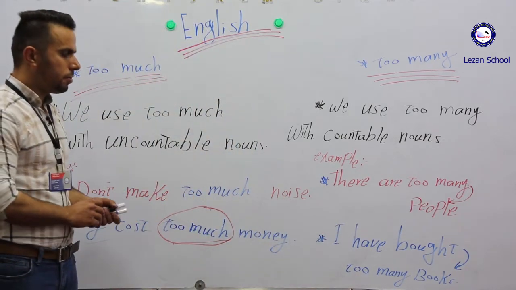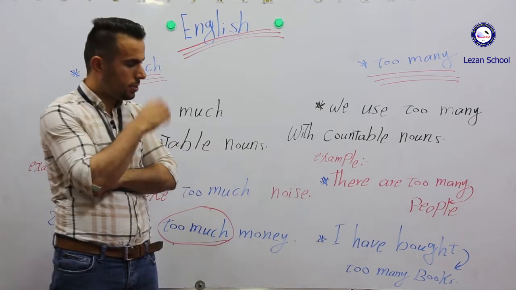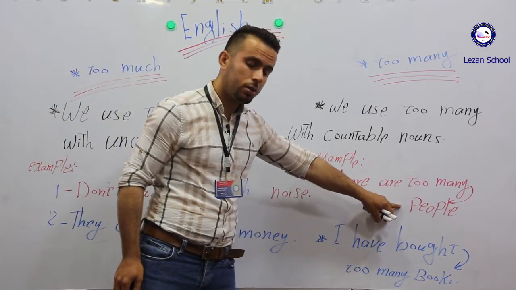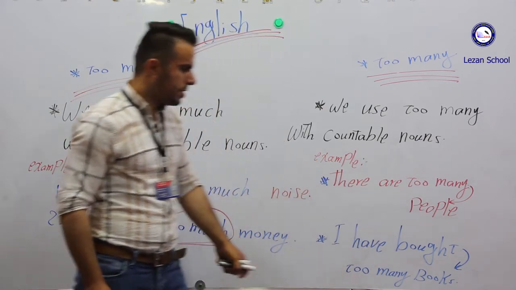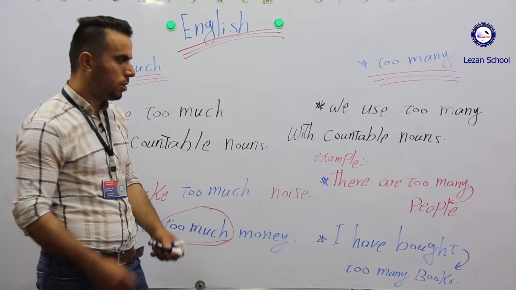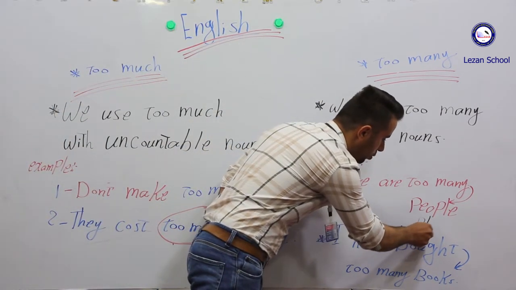People is countable. Yes, it is countable. Yeah, we can count. But what is the singular form of people? Yes. People is plural.